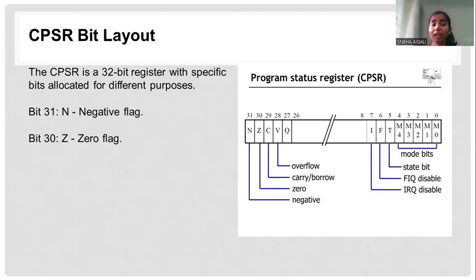Here we have the 31st bit for the negative, 30th for zero, 29th C for carry, then we have V for overflow. Then the modes from 0 to 4 are the mode bits. Then at the fifth position, we have the state bit. At sixth position, we have fast interrupt request, which is disabled. Then at the seventh position is the interrupt request, which is disabled.